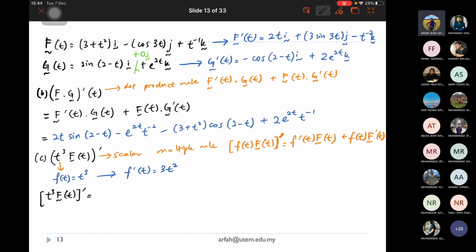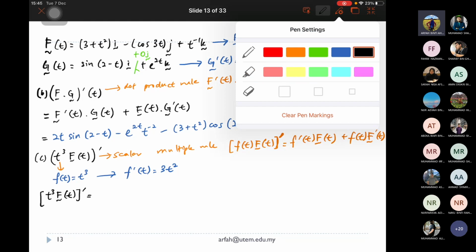So dapat apa jawapan? T cube FT prime. So darabkan ya. F prime T darab FT. Masukkan yang ini dekat dalam this one.